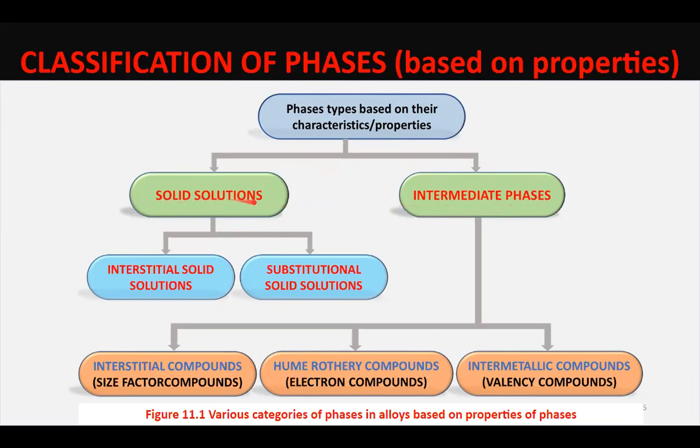If this is forming a solid solution, there is no byproduct, you will only see a solid solution or some solid solutions in the alloy. And if it contains excess of solute which cannot get dissolved in the solid solution, then under those conditions, this second type of phase will exist in the alloy system.